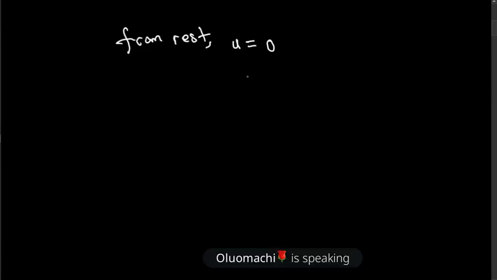A car starts from rest. When you hear from rest, what this tells you is that the initial speed is equal to 0. From rest, and accelerates uniformly at 3 meters per second squared.